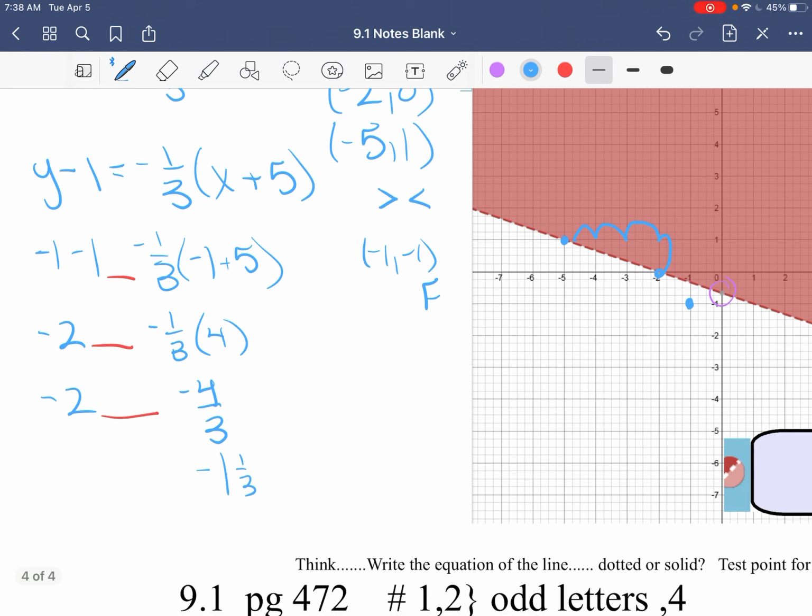So we want it to be false. Well, -2 we know is less than -1/3. -1/3 is bigger. So we want it to be a false statement. If we said -2 is bigger than -1/3, that is false, and that's because we picked this point, and we want that point, which we put into our equation, to be false. So our final version would be y minus 1 is bigger than -1/3 x plus 5.